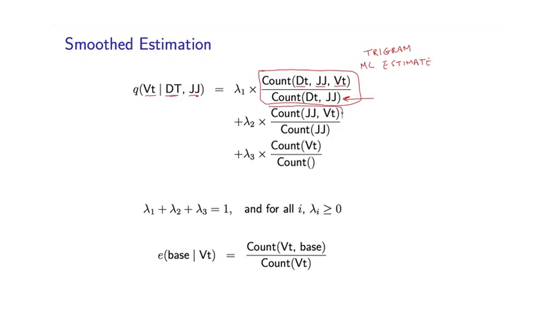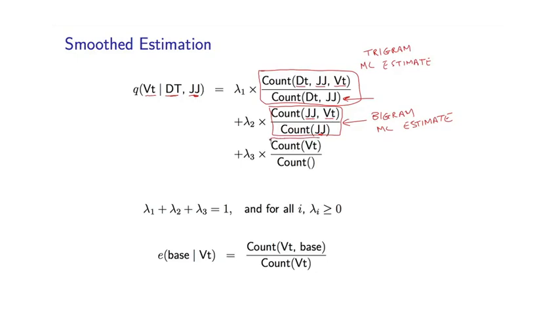Similarly here, I have a bigram maximum likelihood estimate. So again, it's a ratio of counts, number of times I've seen JJ, that's the second tag in this sequence we're conditioning on, and then on the numerator, the number of times I've seen JJ followed by VT.